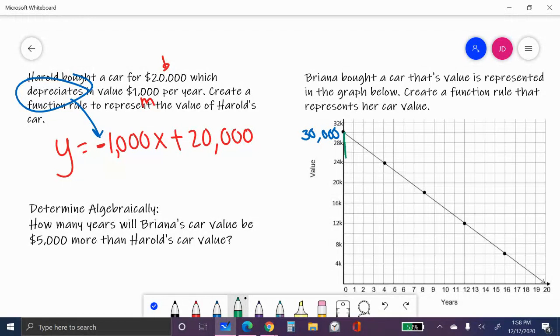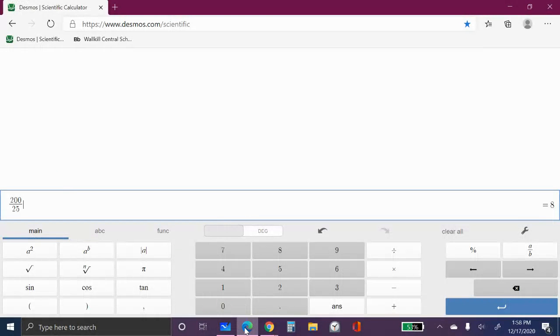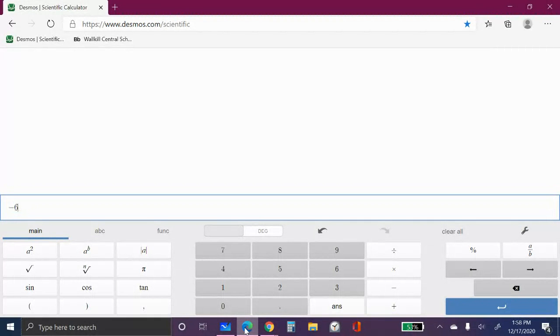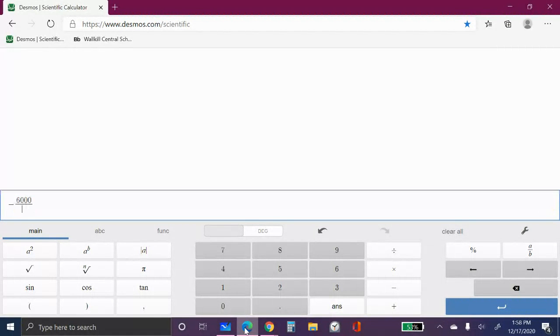So this goes down 6,000 to the right 4. So my M for this one is, let me figure it out, 6,000 divided by 4, which is negative 1,500.